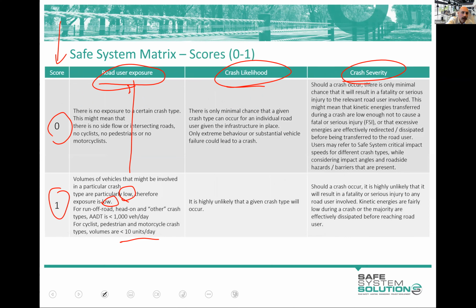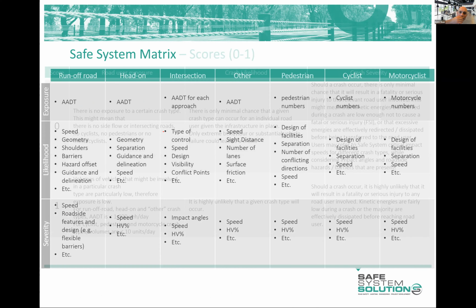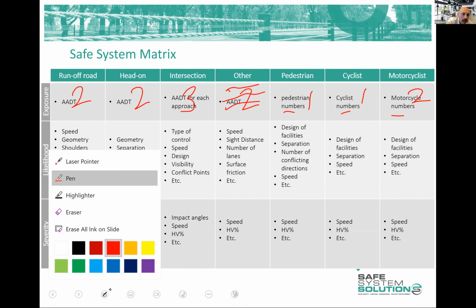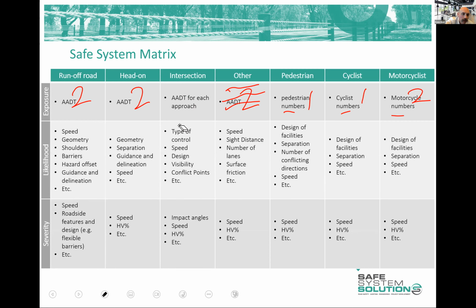There is no exposure to a certain crash type. This might mean that there is no side flow, no intersecting roads, no cyclists, pedestrians, no motorcyclists. So if you were in a tunnel and that was your assessment, you would simply go, we get a 0. You've got no intersections. There's no intersection risk.